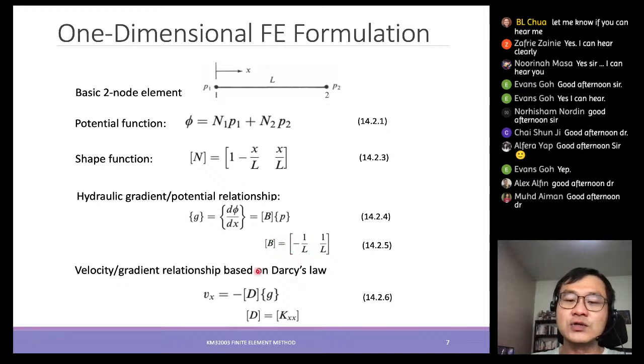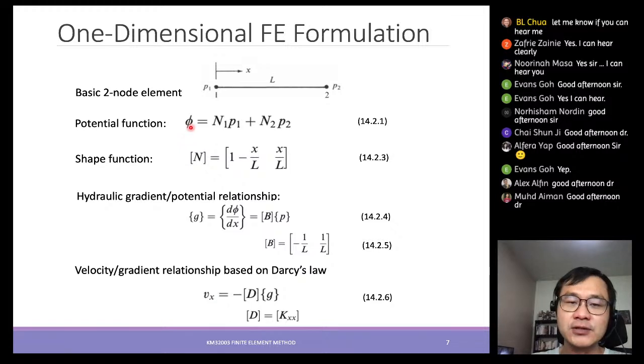Once we put that in, we can also form the gradient relationship with respect to the velocity, in order to estimate the velocity flowing through based on that particular relationship or condition. That is derived based on Darcy's law, so we will apply it.